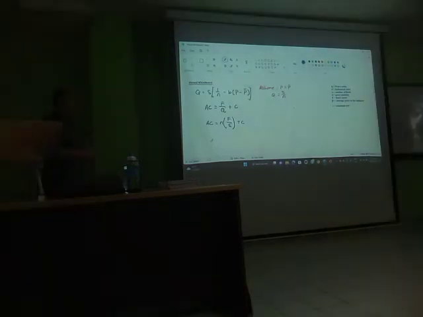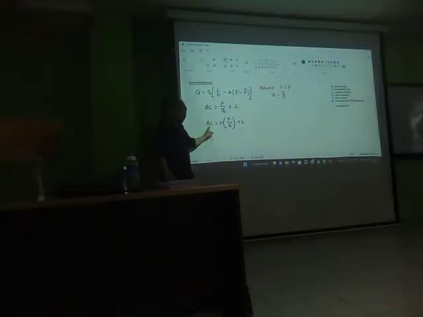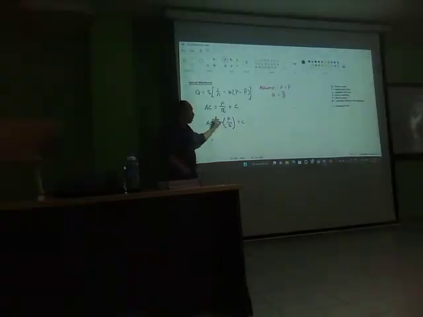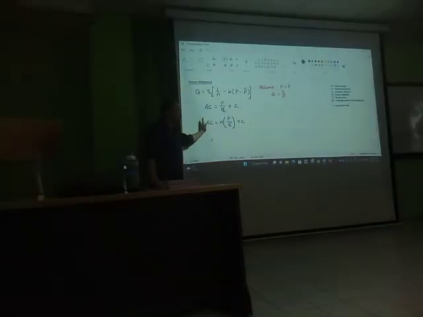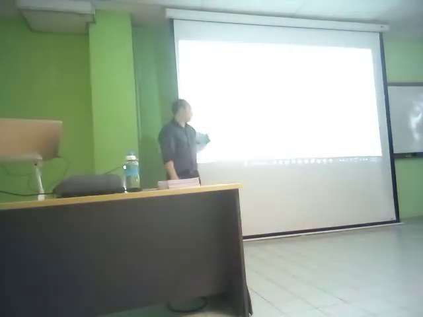The second thing we want to understand is the relationship between the price and the number of firms. From here we see the relationship between AC and the number of firms. The next thing is the relationship between the price and the number of firms. Why is that important? Because AC represents the total cost of the firm.